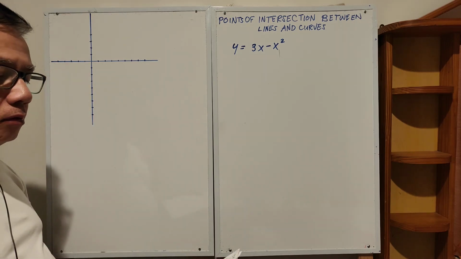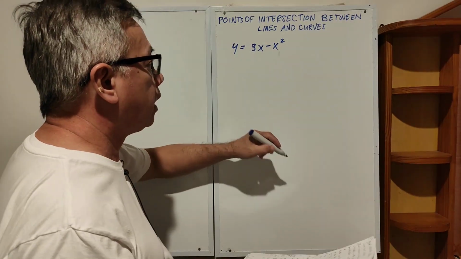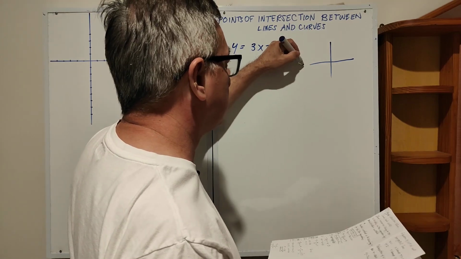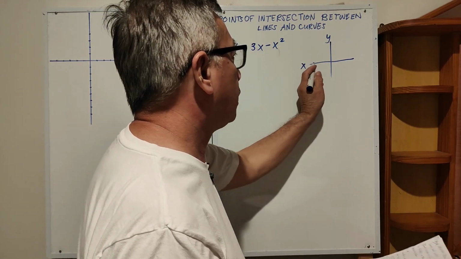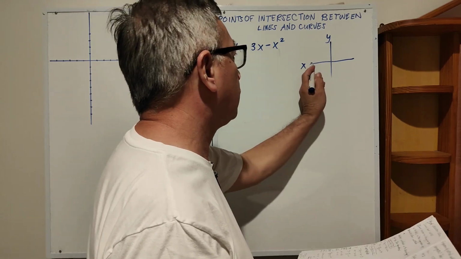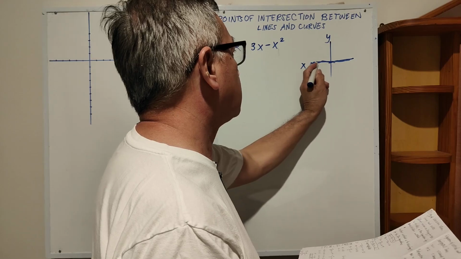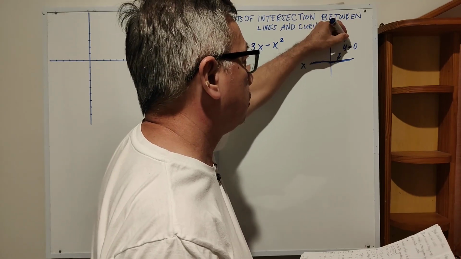If you want to know the point of intersection with the x-axis, this is your x, this is your y. This is the x-axis, and as I said, it is the line y is equal to 0.